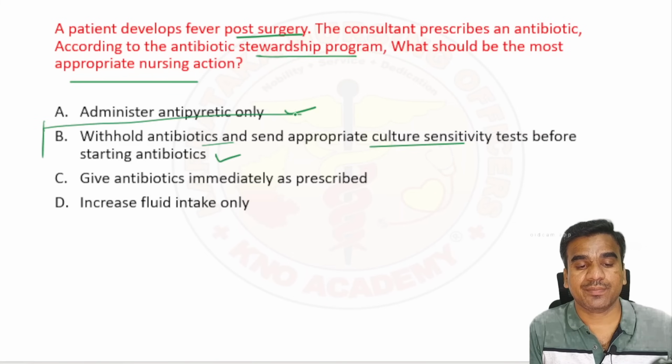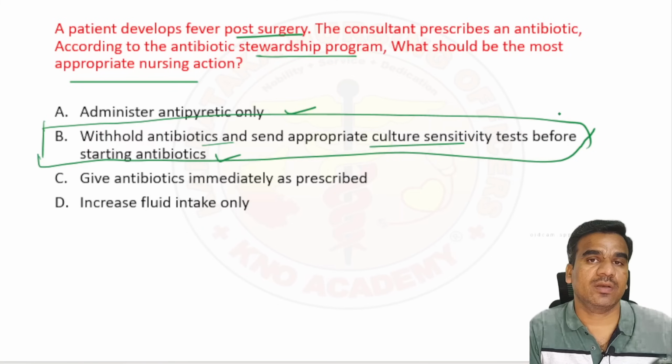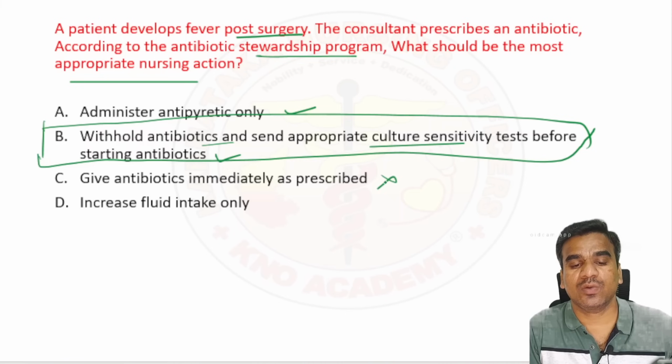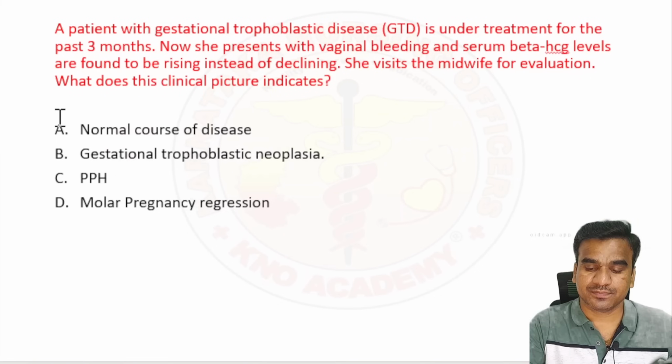This is the right answer. We have to send the blood culture or urine culture before starting an antibiotic. Wherever you go, this is the standard protocol. Give antibiotics immediately? No. Increase fluids? No. We have to take the culture first.